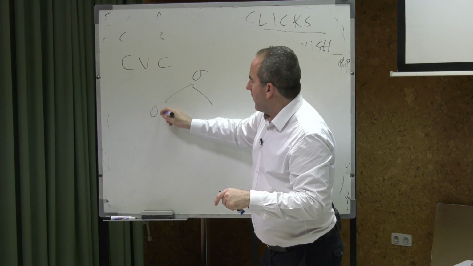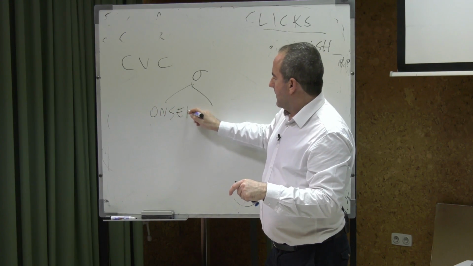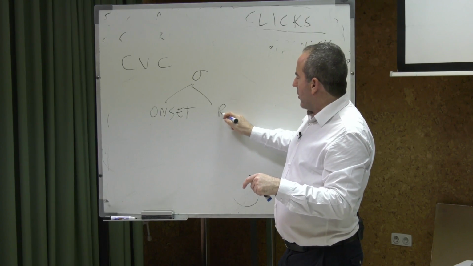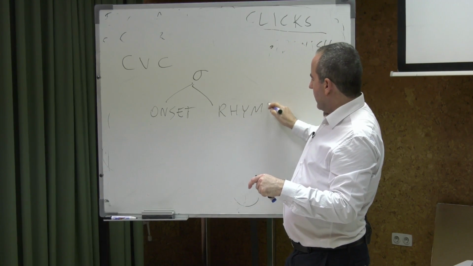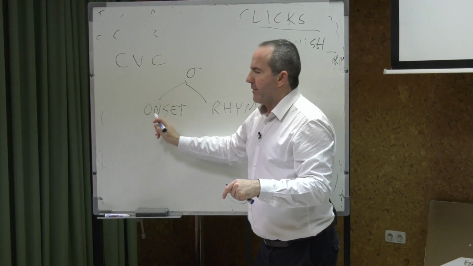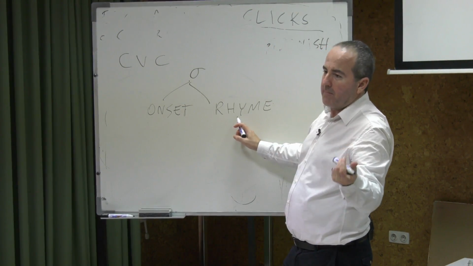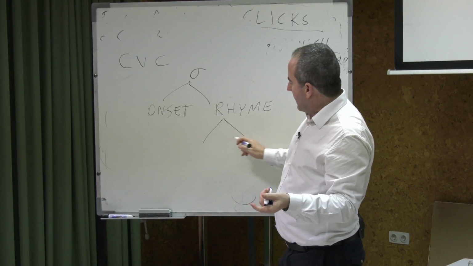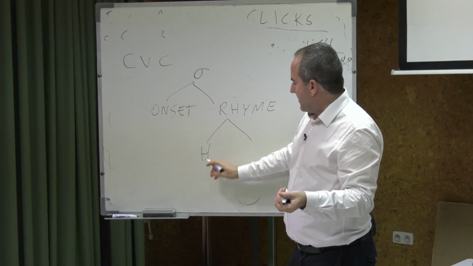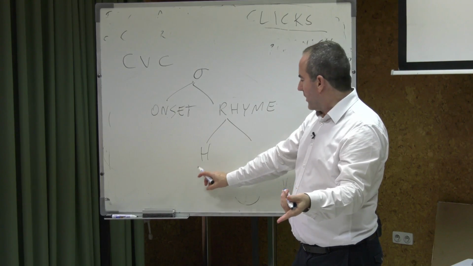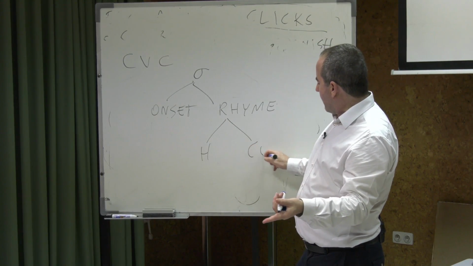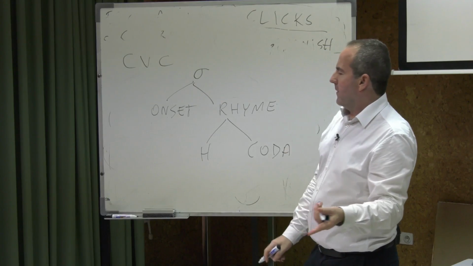We have what we call the onset, okay, and what we call the rhyme in English. In Spanish, we call this el ataque silábico or inicio silábico, and this is rima. And in the rhyme, we have the head, in Spanish we call it núcleo, the nucleus of the syllable, and we have the coda, okay?